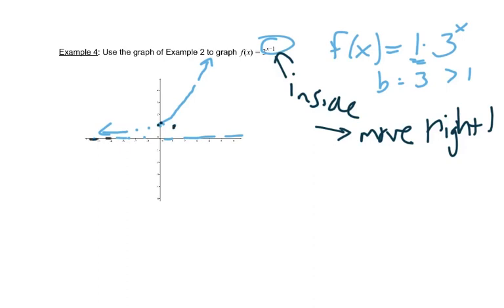A horizontal line, when you move it right and left, stays there. So then this graph is going to go up through here. So that point that we used was 1, 1 because we moved it from 0, 1.